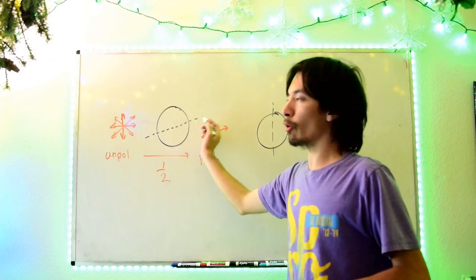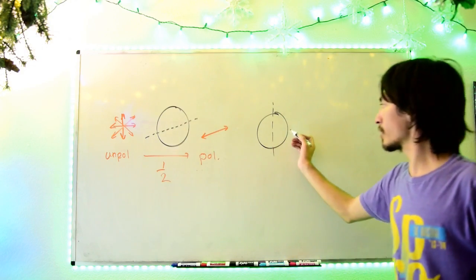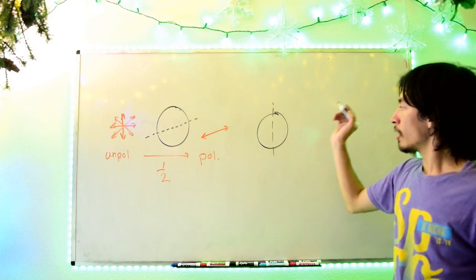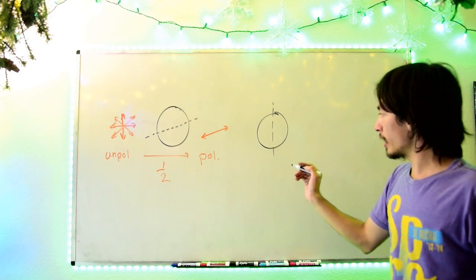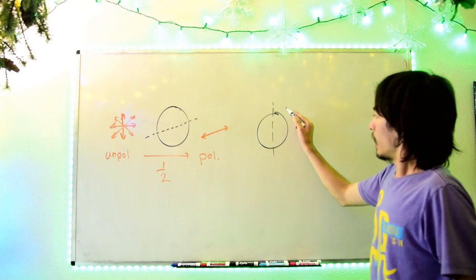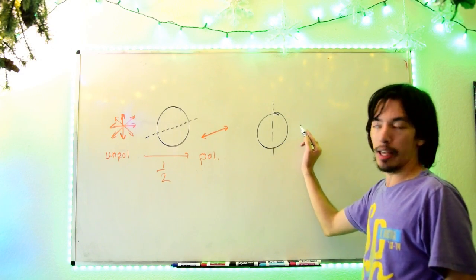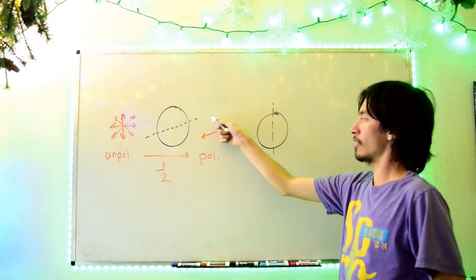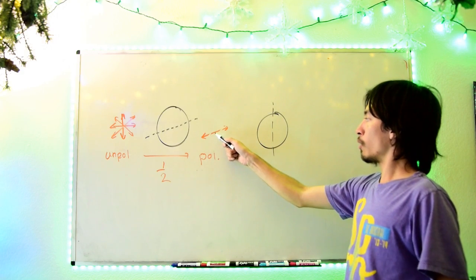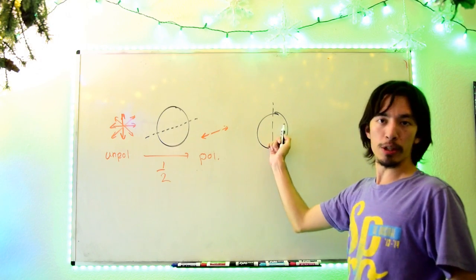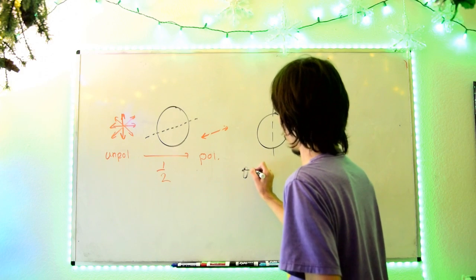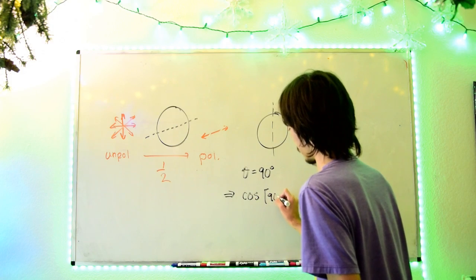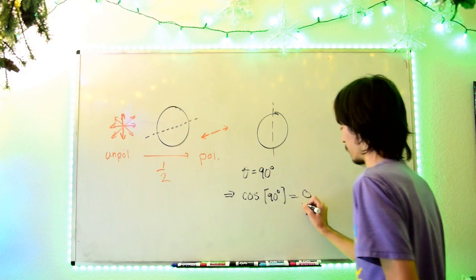If this one was tilted at some angle, this one is the same angle plus 90 degrees. It's perpendicular. Why that's significant is because if this transmission axis is perpendicular to this one, which is the same as saying it's perpendicular to the polarization of light, then the angle being 90 degrees implies that cosine of 90 is 0.